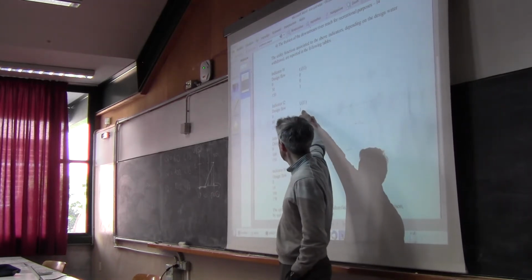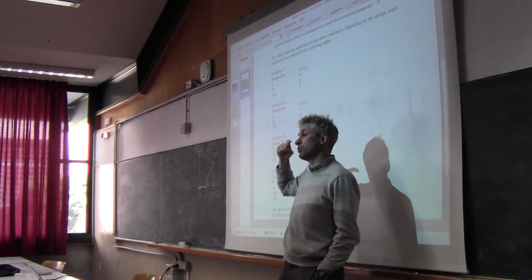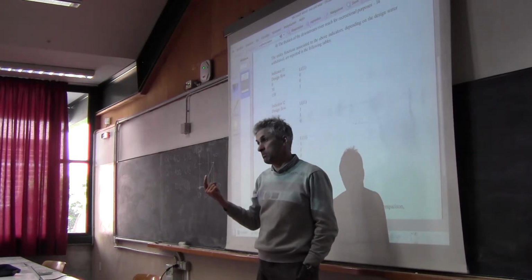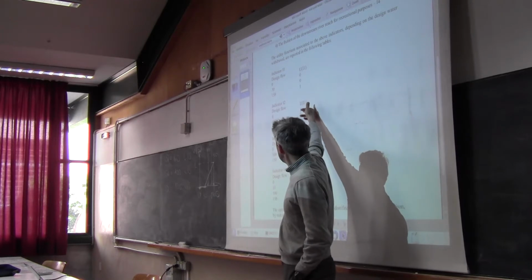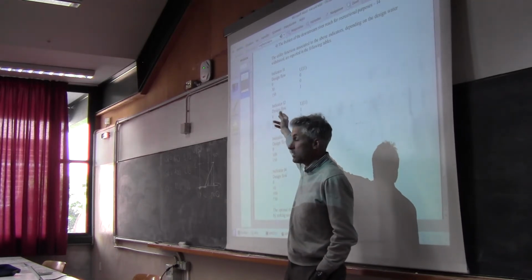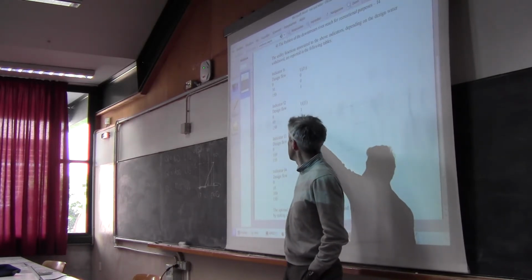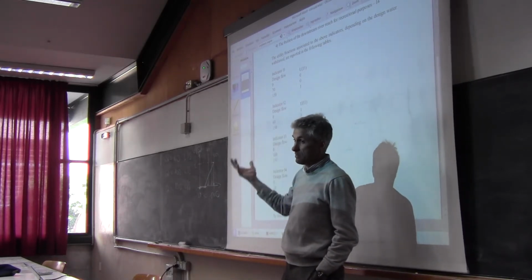In fact, you see that it starts from a utility 1 for a design flow of 0, which means no plant, which means no impact. And therefore, of course, you get the maximum of the utility in the presence of no impact. And for a value of 150, you get the lowest utility because you have the highest impact.